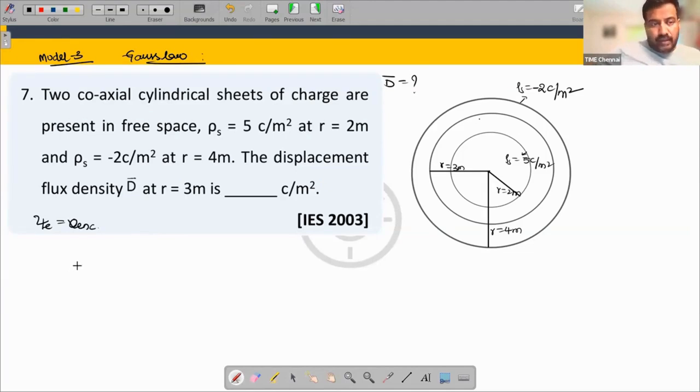Psi E is the closed surface integral of D dot dS, which is equal to the charge enclosed, the surface integral of rho s dS.